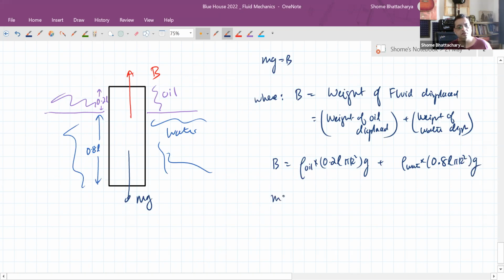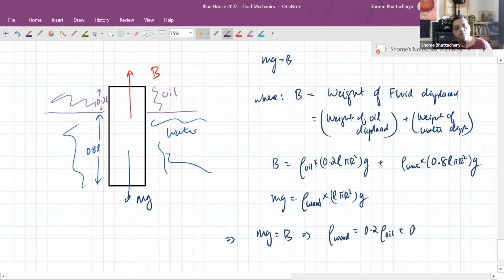And mg is density of wood into L into pi r square. So when we equate mg with the buoyant force, you can see that we get density of wood is equal to 0.2 times density of oil plus 0.8 times density of water.